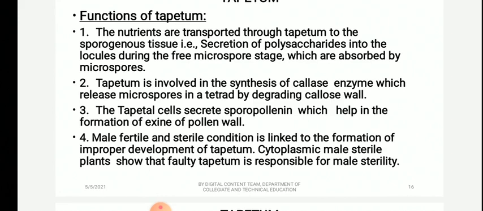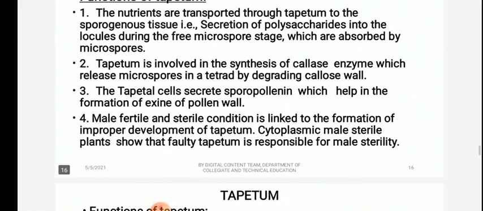Tapetum is involved in the synthesis of callase enzyme, which releases microspores from the tetrad by degrading the callose wall. When the pollen grains are formed, the tetrads are encircled in a callose wall. So the tapetum synthesizes a callase enzyme which degrades the callose wall of the pollen tetrad and hence releases all the pollen grains.